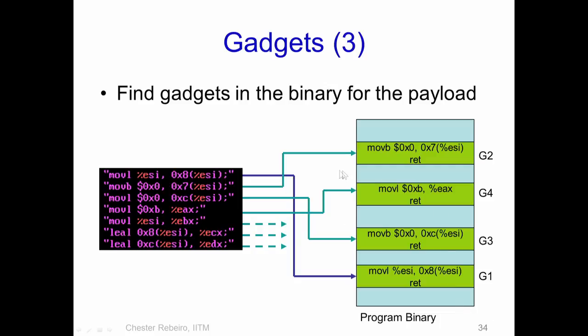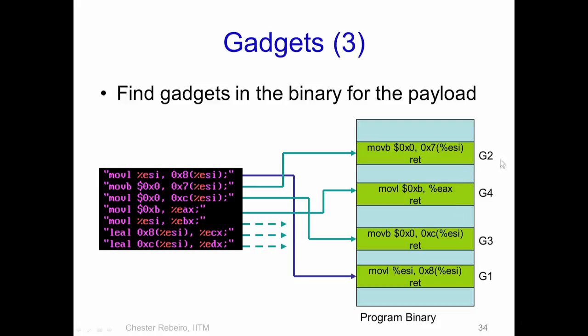Essentially, he would force this payload to execute by using gadgets. What he is going to overflow the stack with is a chain of gadgets. So, the stack is going to contain G1, then G2, G3 and G4.